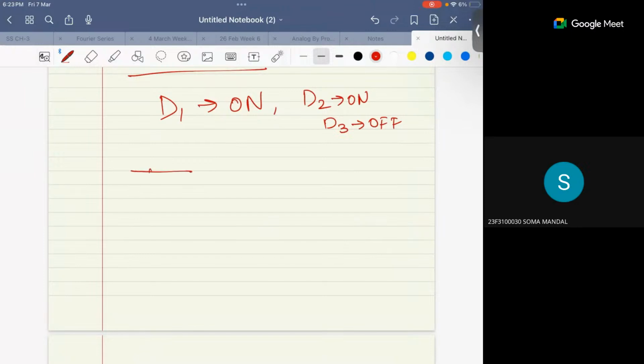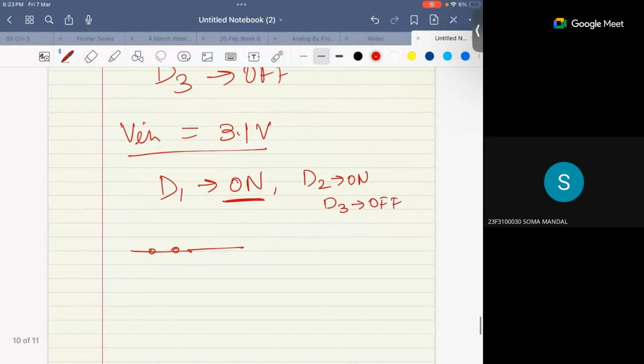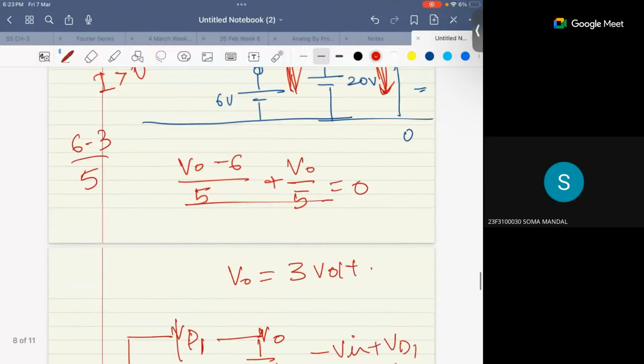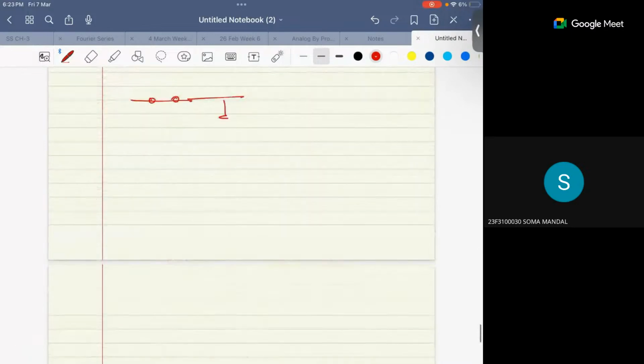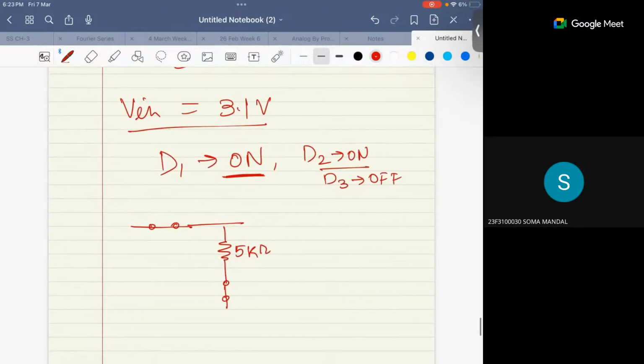So now the circuit, this will be short circuited because this is on. What about the D2? D2 will be on. So 5 kilo ohm is attached here, and this is also short circuited. The second assumption that we have made, this is on.